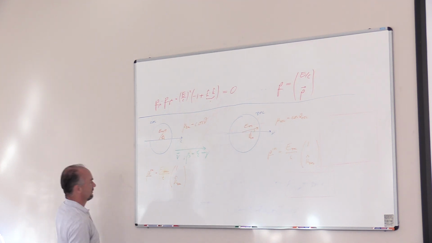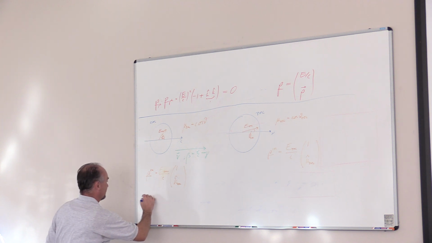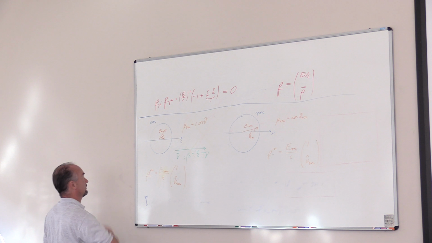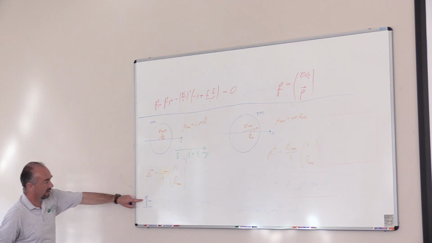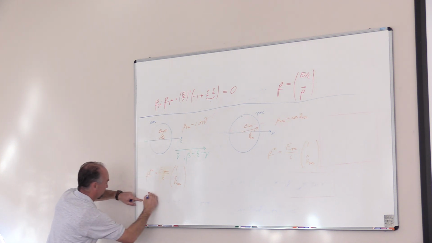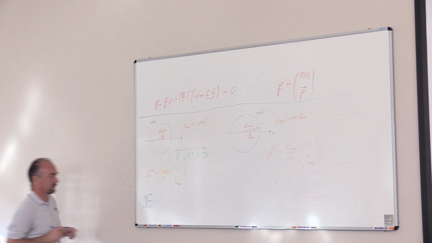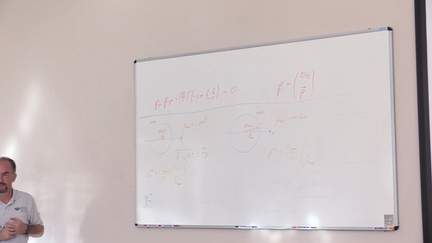So one very trivial, funny looking one is if we say in the emitter's frame, we figure out what is the velocity with which the emitter's frame is moving with respect to itself. Doesn't make much sense, does it? But let's just write it down.